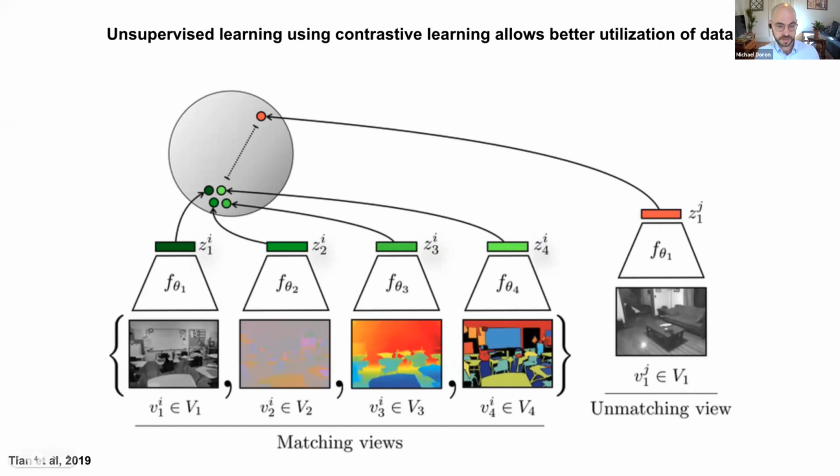You see this one image here, and it has many different versions, all of the same image, unlike this version, which is of a different image. What the model does in this self-supervised learning is that it tries to learn a similar representation for all of the versions of the same image, while learning a different representation, further away in the feature space, for versions of different images.